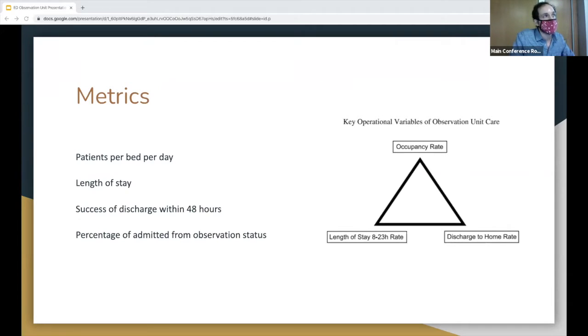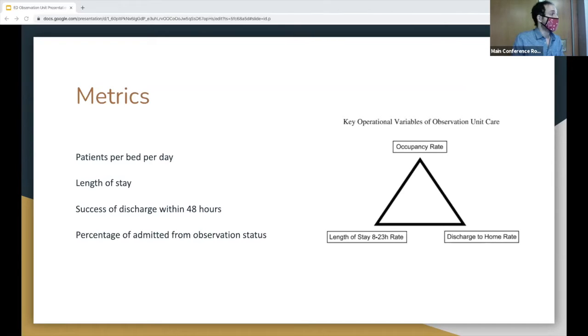You generally want 70 to 80% of your observation unit patients to be discharged from observation and 20 to 30% to be admitted. You essentially want to encompass as large of a group of people as possible on observation without discharging too many people from the ED or accepting too many people that then get upgraded to observation.